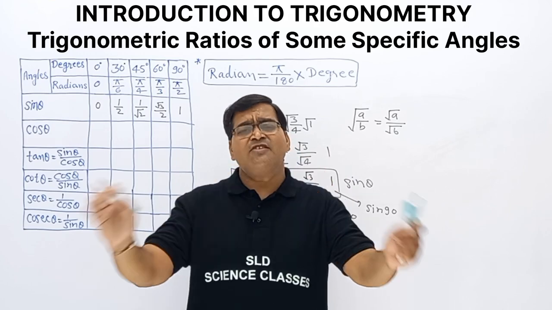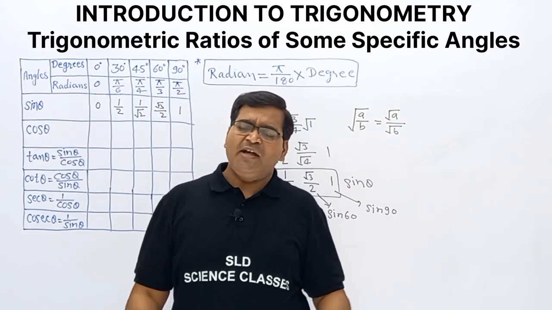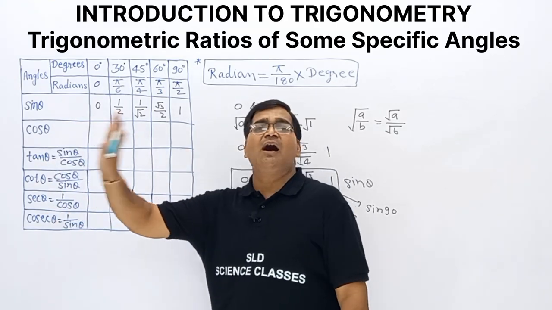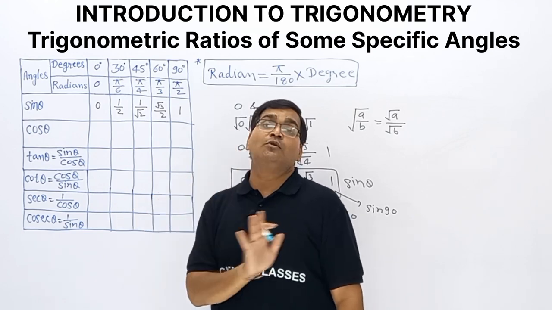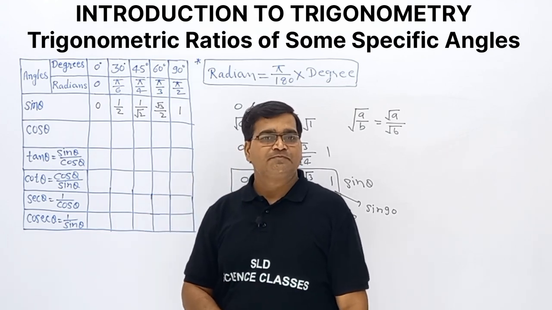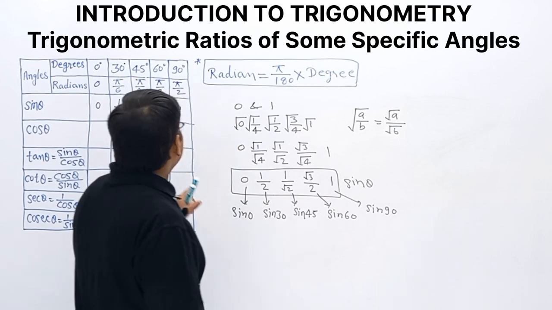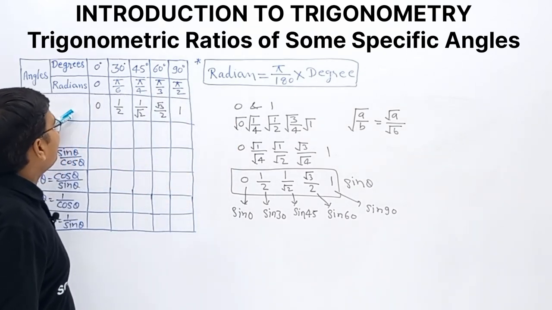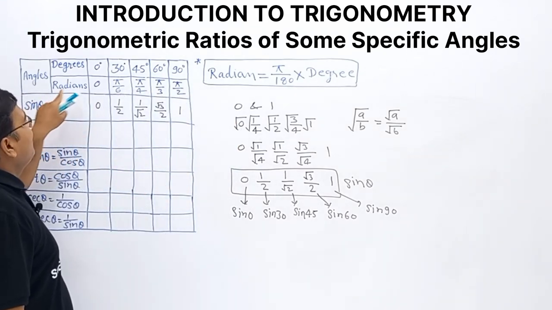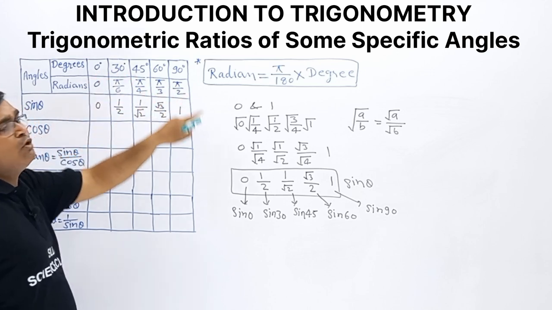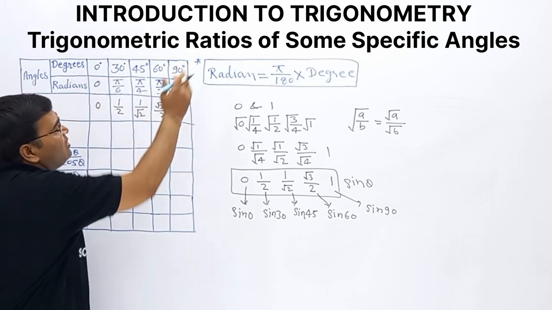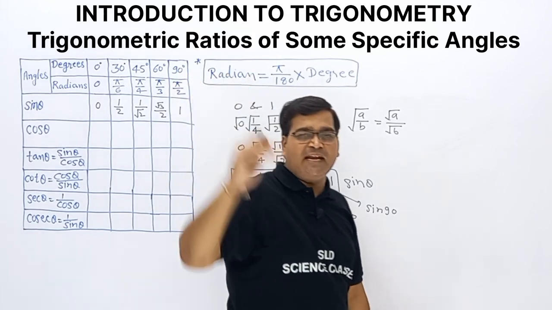Now it is not necessary to memorize them. Once we know this formula, we can write all the values. Clear? Observe carefully. In sine theta, theta is increasing: 0, 30, 45, 60 and 90.